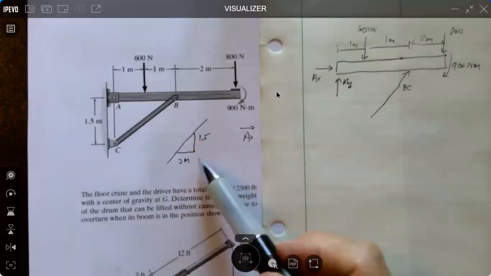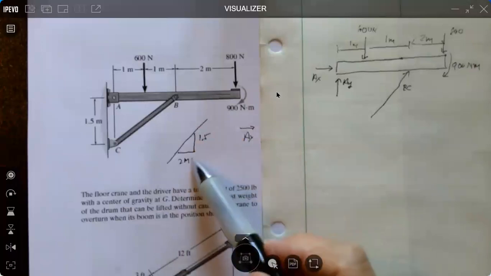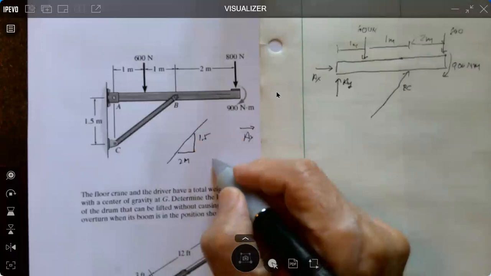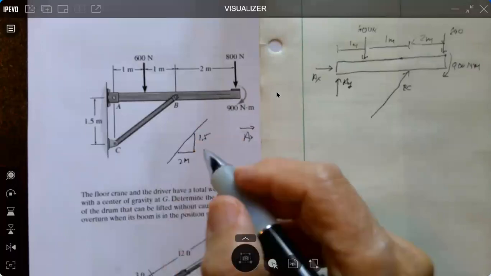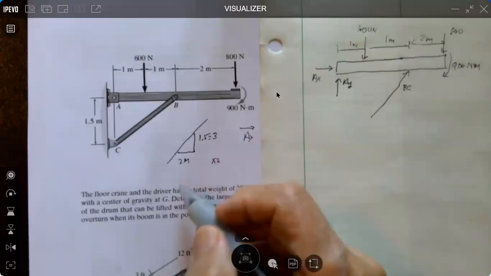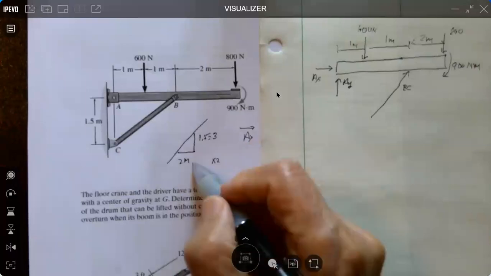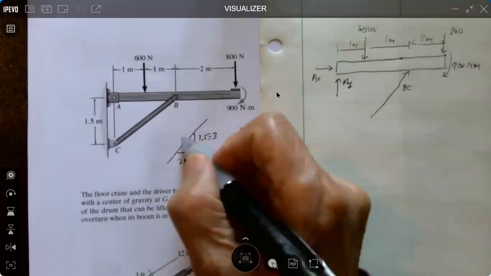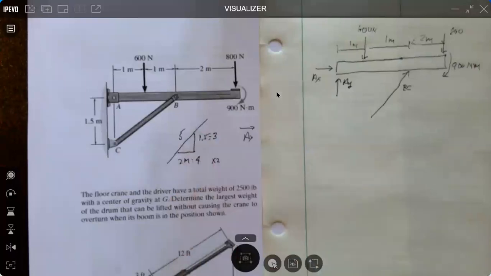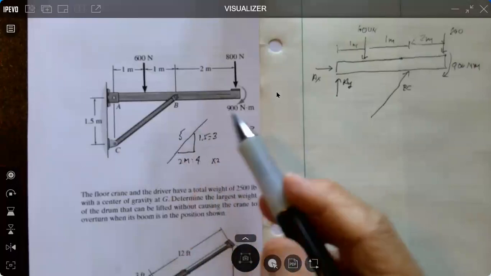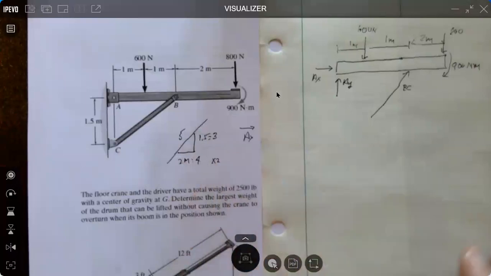But what I also do is recognize there's a proportion here. What if I multiply these both by 2? A lot of times you can see this in our problems. So 1.5 times 2 is 3, and 2 times 2 is 4. So this is a 3, 4, 5. And there's no calculation that you have to do. You just multiply by 2, it's 3, 4, 5. So this slope is a 3, 4, 5 slope.